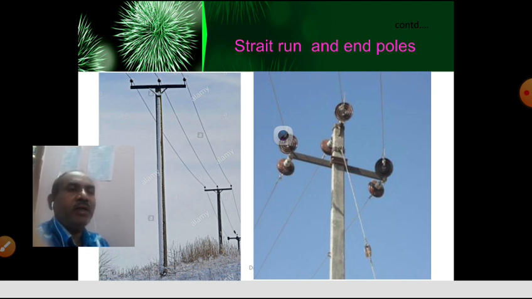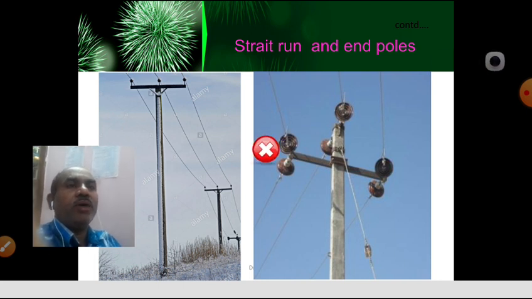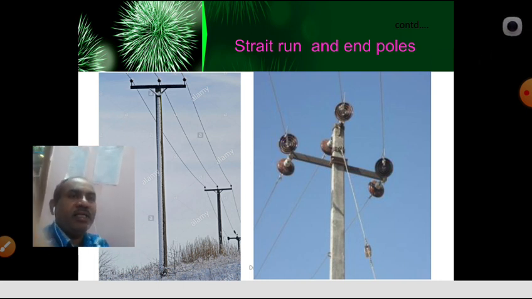Whereas the second figure, you can observe, what do you call this one? You can see the disc insulators. The pole consists of two disc insulators on either side. So there is a jumper connected between this cut point. On each pole here one jumper is connected between this line and that line, and each phase consists of two disc insulators.